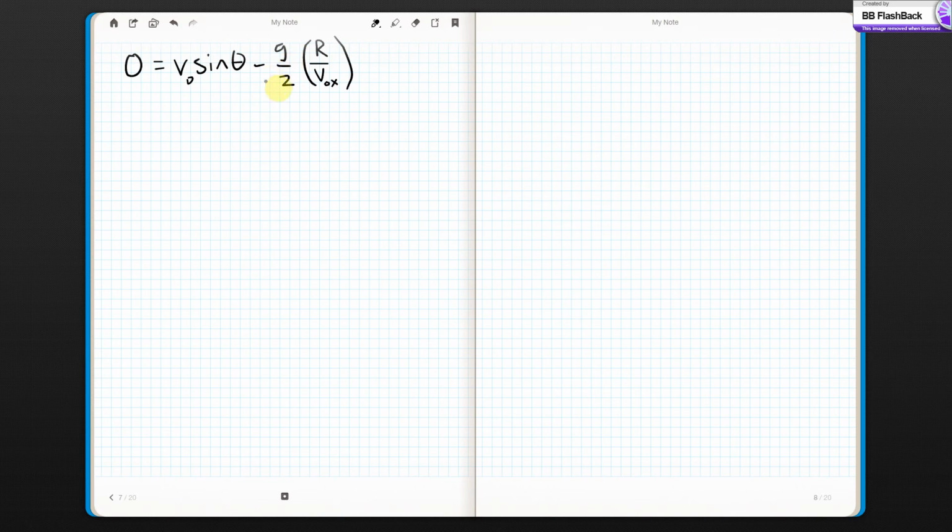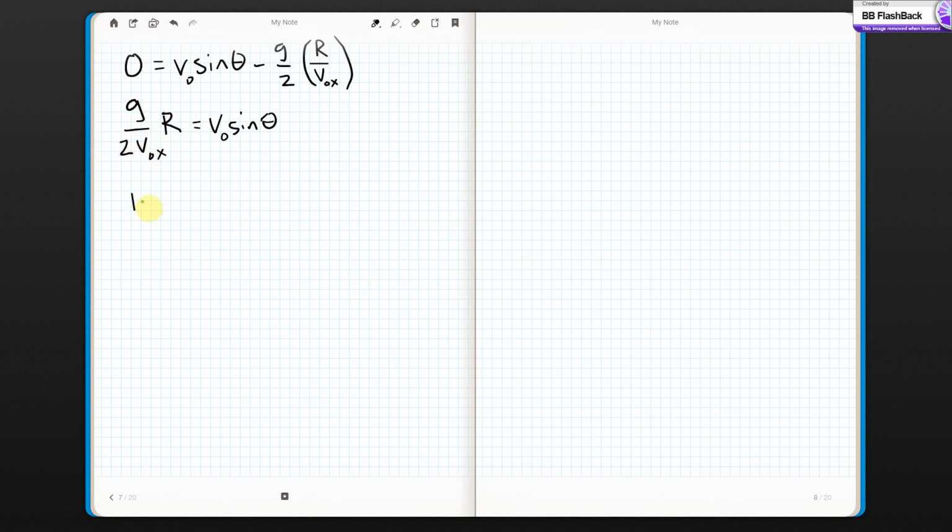So I'm going to move this whole thing over to the left, basically adding this whole chunk onto the left-hand side. So I get g over 2 v naught x times r equals v naught sine theta. At this point, to get rid of the r, you multiply by the reciprocal of this stuff in the front.